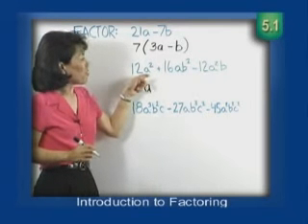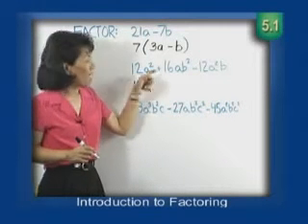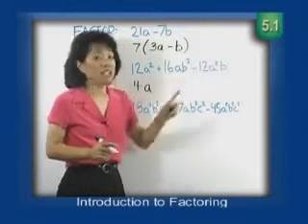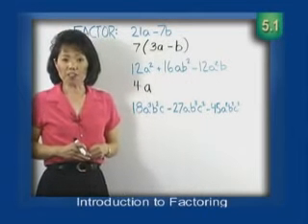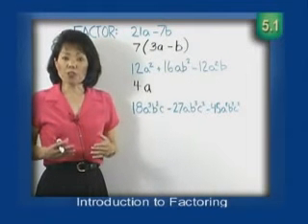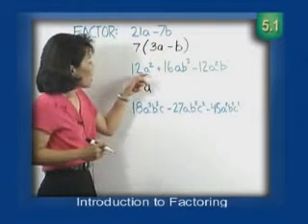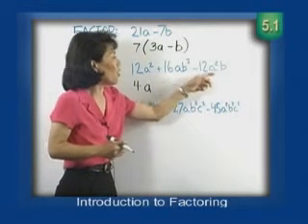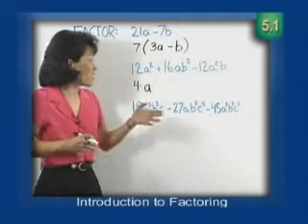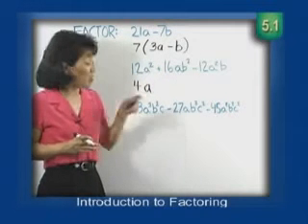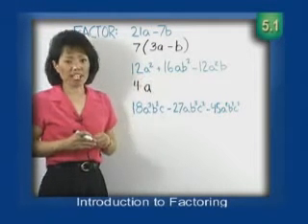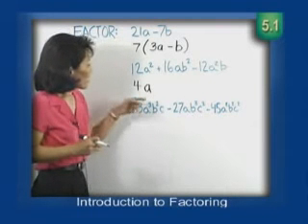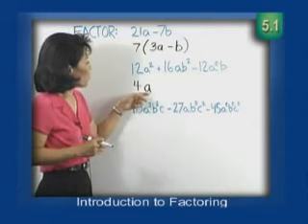Now, because the first term has no b, unlike the other two, b cannot be a part of the GCF. In order to be a GCF, you must be a part of all the terms involved. So b cannot be part of our GCF. So now our GCF is 4a.